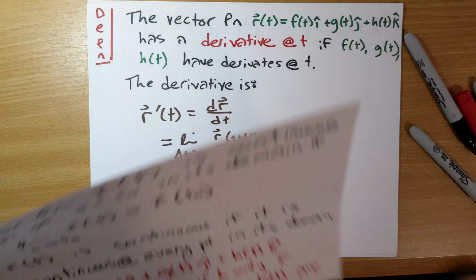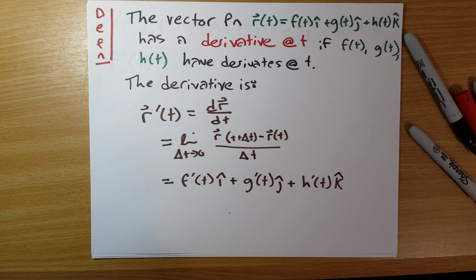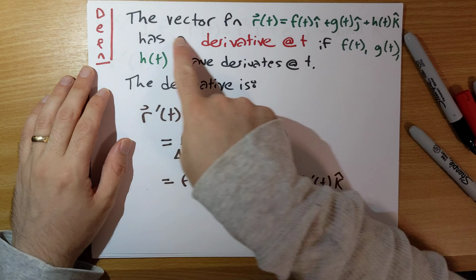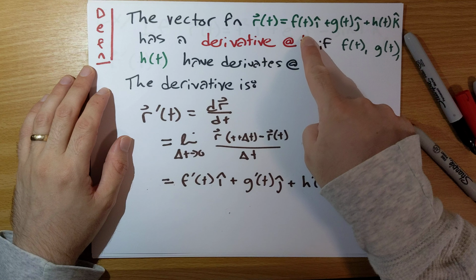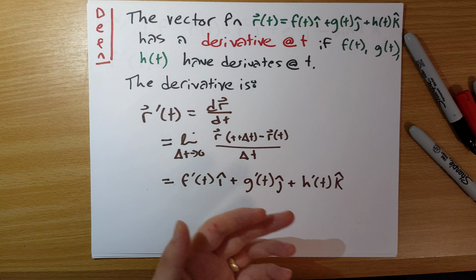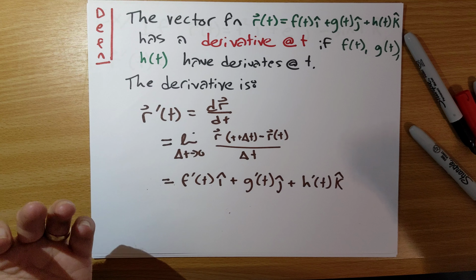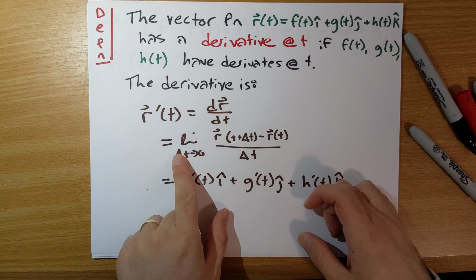Okay, moving our way through our tour of everything. Derivatives. I'm going to skip over all of this stuff and just say, look, this is exactly what we should expect it to be. The vector function r of t of f of t i hat plus g of t j hat plus h of t k hat has a derivative at t if f of t, g of t, and h of t all have derivatives at t. How do we find the derivative?